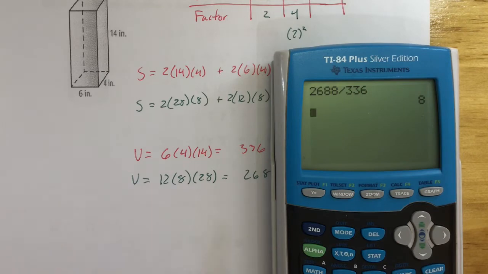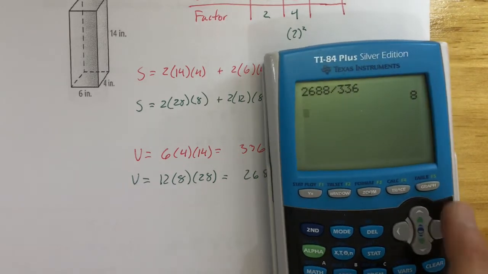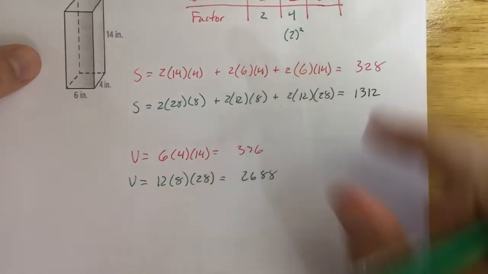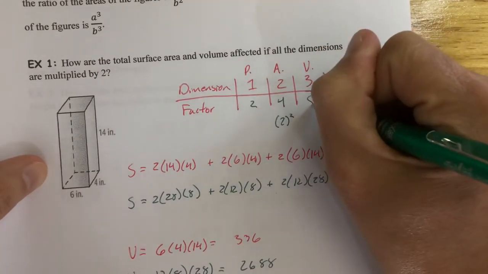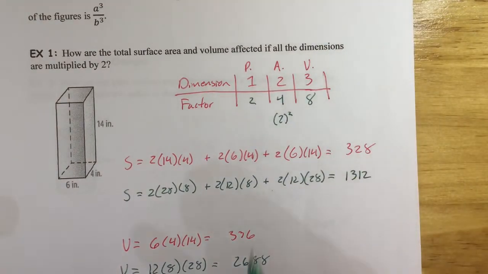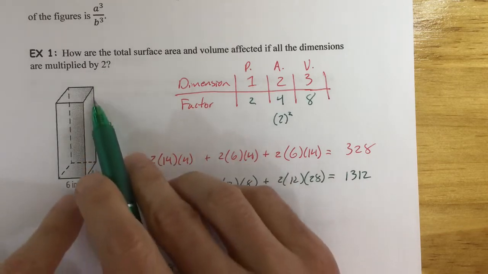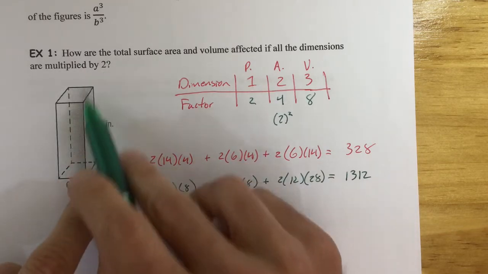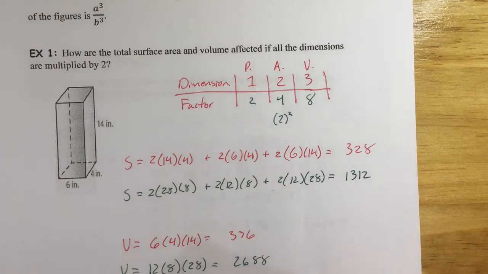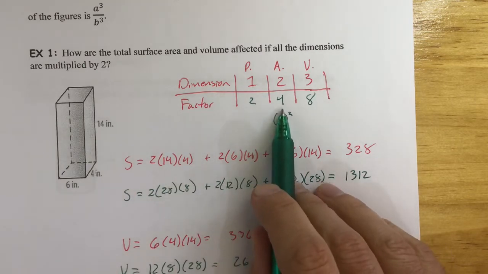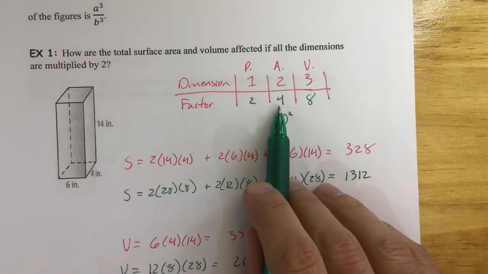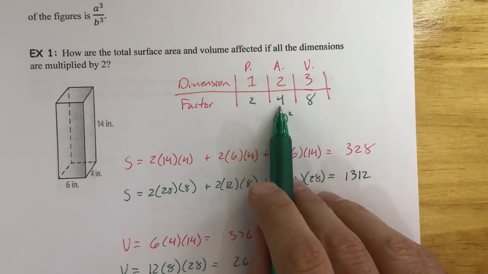Did you think 8? Because it is 8, right? When you divide these, 8. In other words, when you change the dimensions by a factor of 2 for the figure, every measurement you take is now going to be twice as long. The surface areas are actually going to not double, but they're going to quadruple.